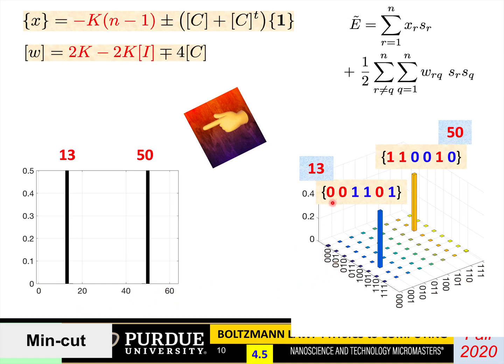In that case, this first solution would look like a 13. Why is that? Well, you take this binary number and convert it to decimal. You have a 1 in the first place, which has a weight of 1. The next one is 2, the next one is 4, and then the next one is 8. So you've got 1s on 8, 4, and 1, which makes it 13.